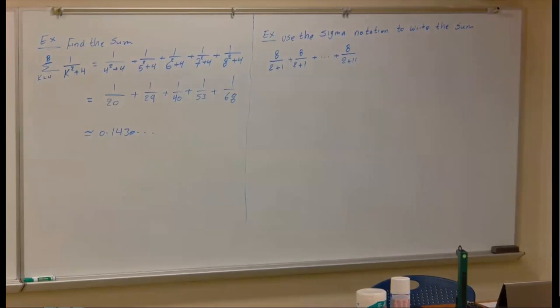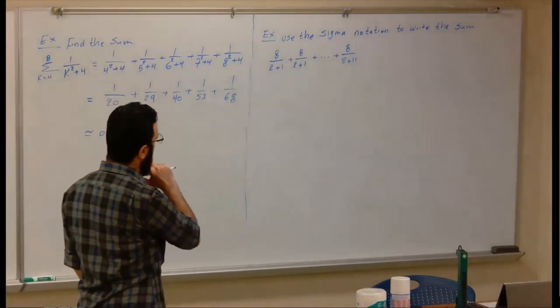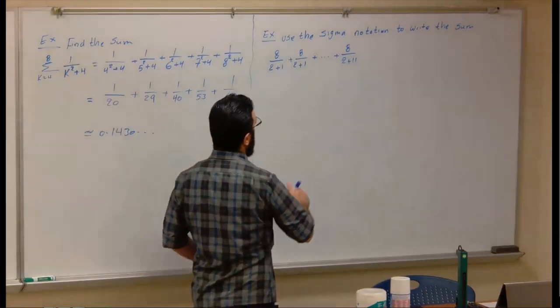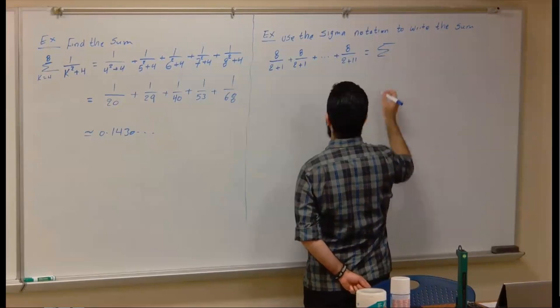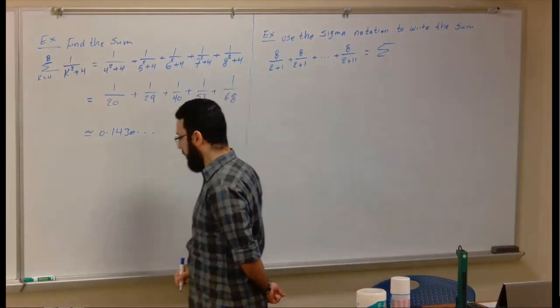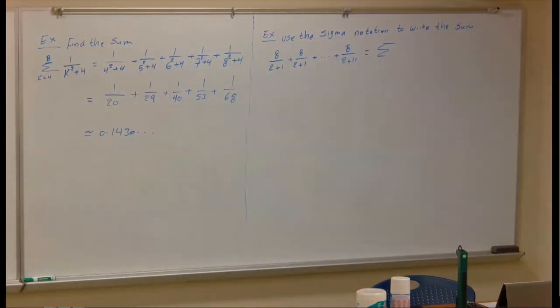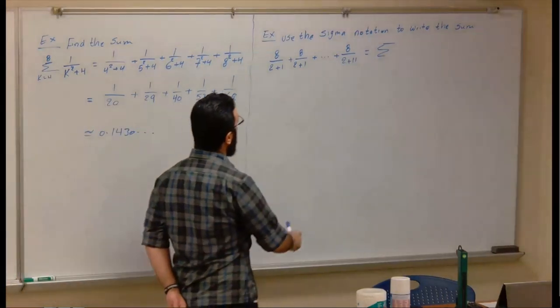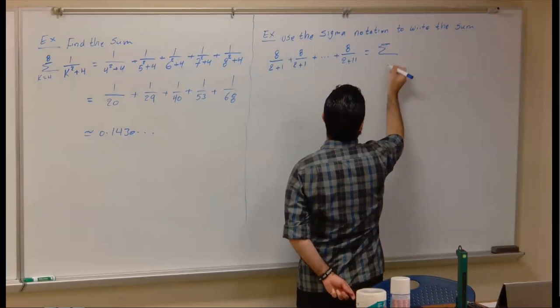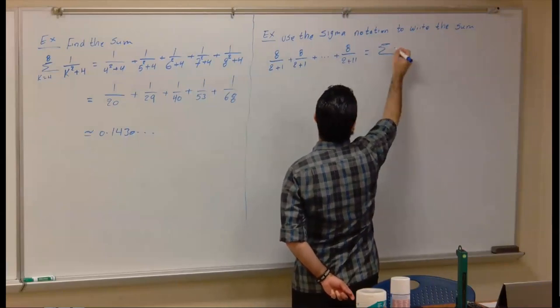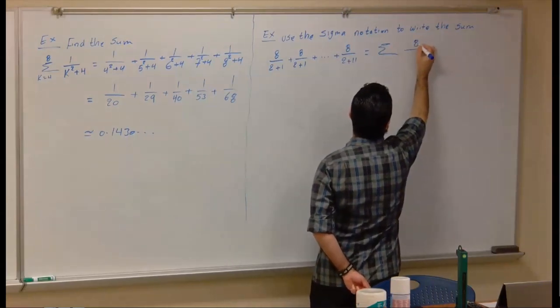Next example, use the sigma notation to write the sum. Let's check. We're gonna do exactly the same thing. So this one is going to be equal. Here's the summation. From which number? Always check which number is fixed. Summation from 8 on the top. Here's the 8.